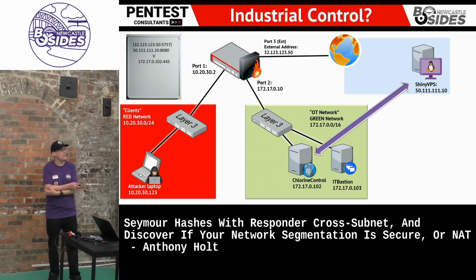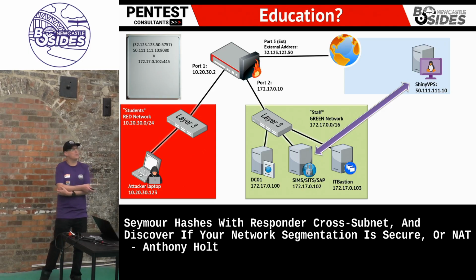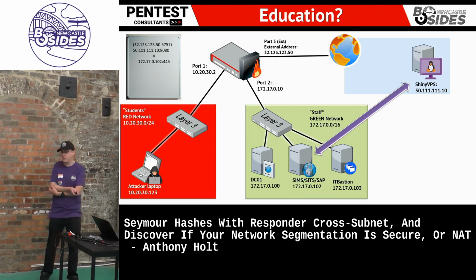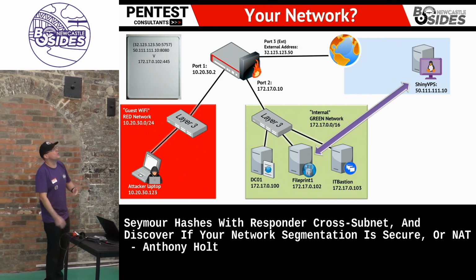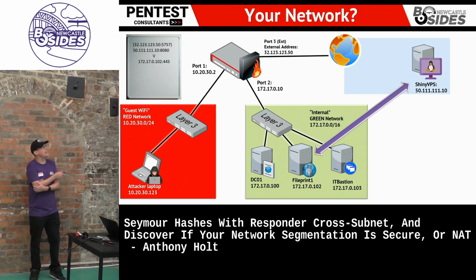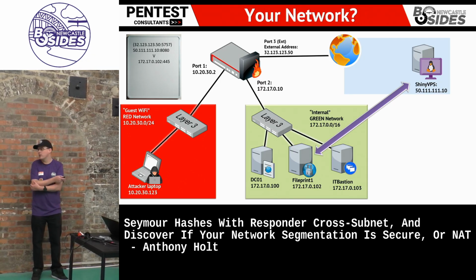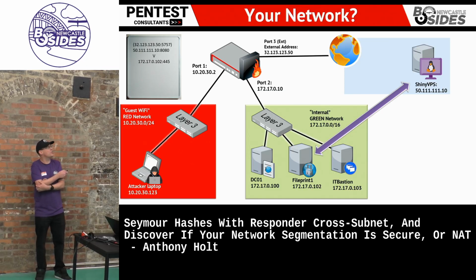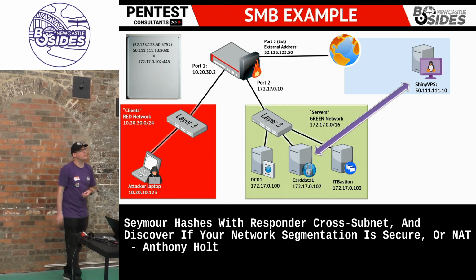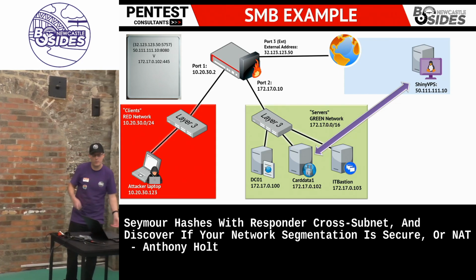If you've got some kind of industrial control system, that's going to be a nightmare. Students and staff, if you're in education, or the one that really worried me the most, guest wireless internet and your internal net. If you've got the same firewall used between these two systems, yes, you may have rules that say guest Wi-Fi is not allowed towards our internal. You may be falling foul of this, and it's going to be causing you problems.